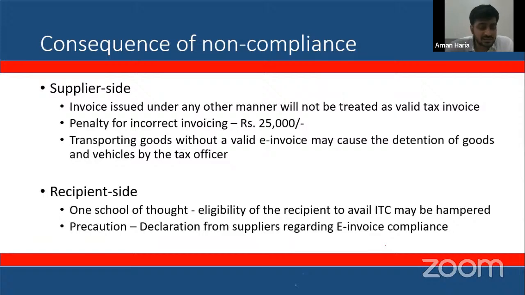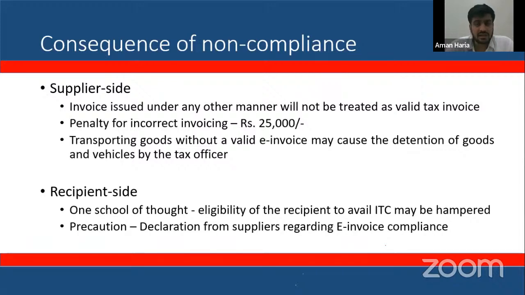You would pay taxes, but as a recipient, you are not eligible to claim that credit. So what we can do as a recipient is take a declaration from the suppliers regarding e-invoice compliance, that right now they might not be covered, but whenever they are covered, they will start complying with the e-invoice provisions.